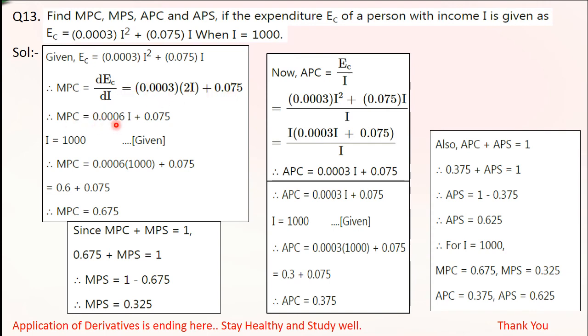Now we will substitute I is equal to 1000 in this. On simplification we will get MPC as 0.675. You can see the calculation here.